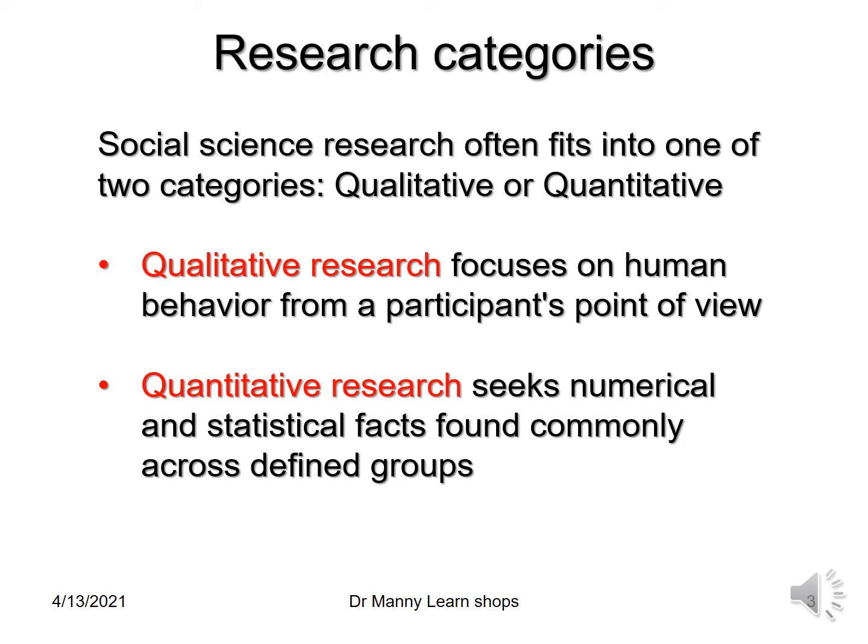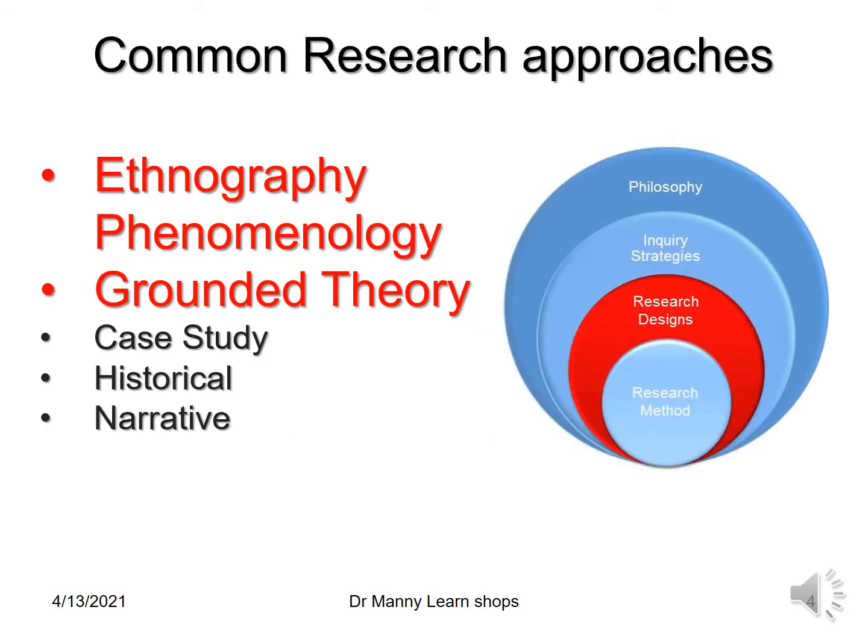However, it deals with numbers, facts, which sometimes can be controversial from a qualitative point of view. Common research approaches include ethnography, phenomenology, grounded theory, which we've discussed in previous sessions. It can also include case studies, historical and narrative perspectives.